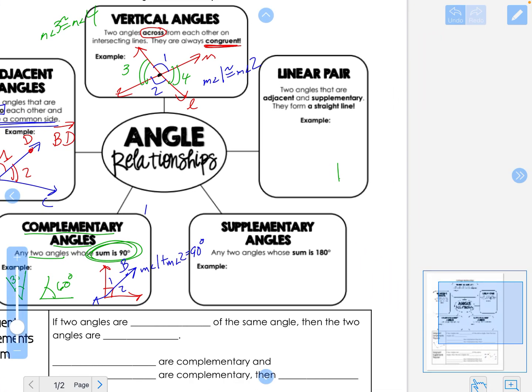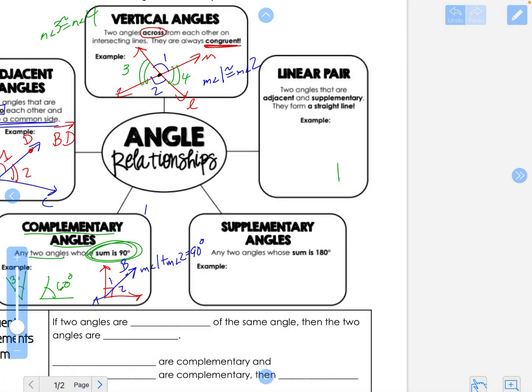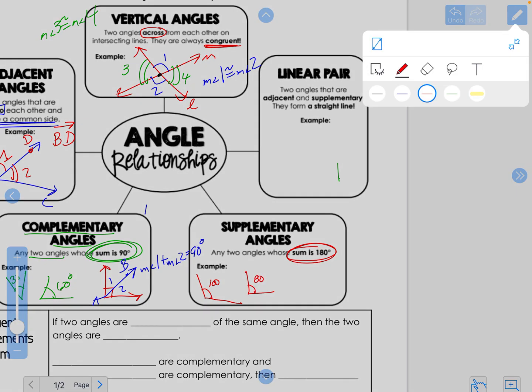Supplementary angles are very similar to complementary angles. The only difference is their sum is 180 degrees. So again, we can have this angle over here, which is say 100 degrees, and this angle here, which is 80 degrees, and these two angles would be supplementary angles.